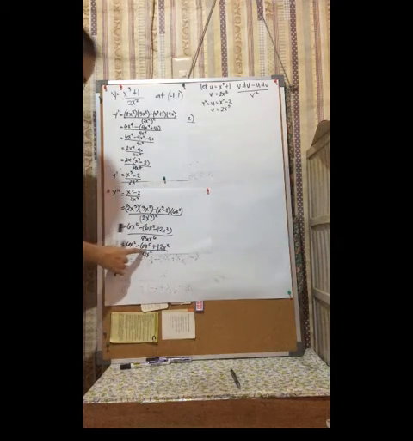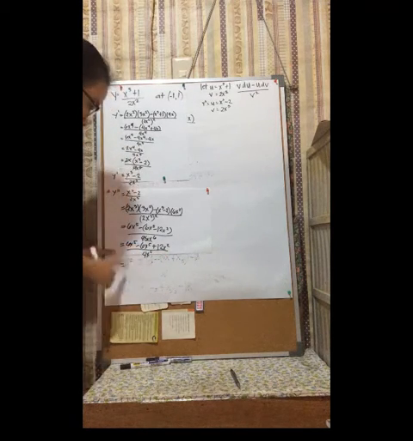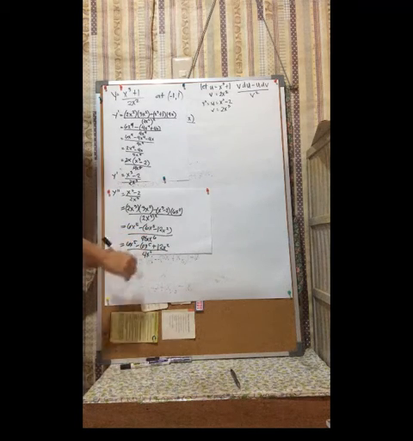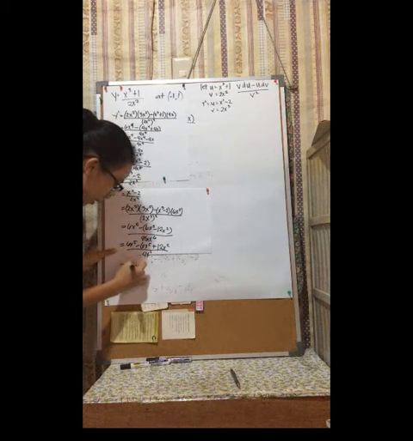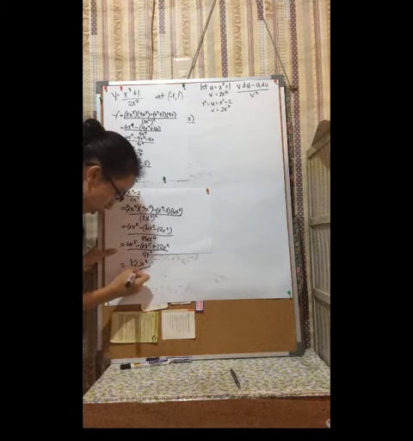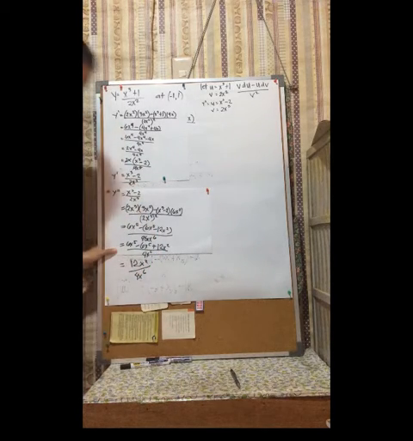Combine like terms: 6x to the 5th minus 6x to the 5th is automatically 0. So what's left is positive 12x squared over 4x to the 6th.